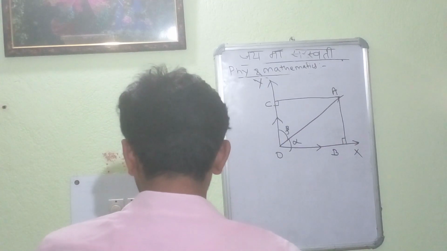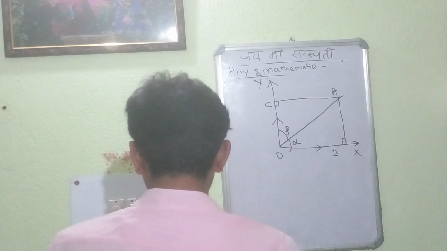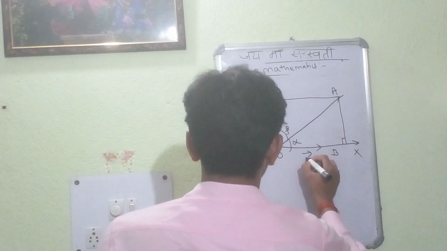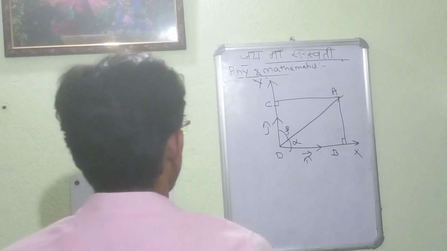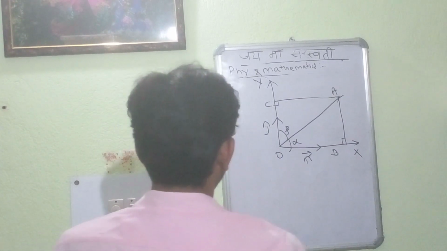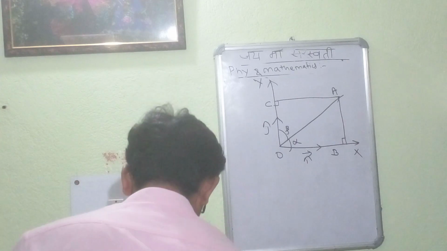So in this case, we will be seeing the particular region here, which is the i, j. I will show you.